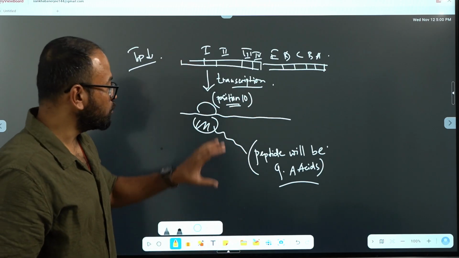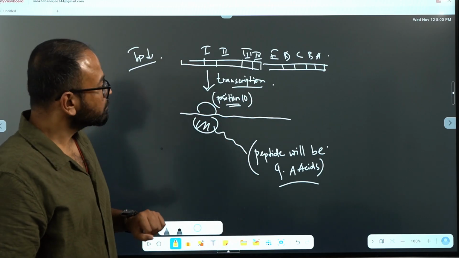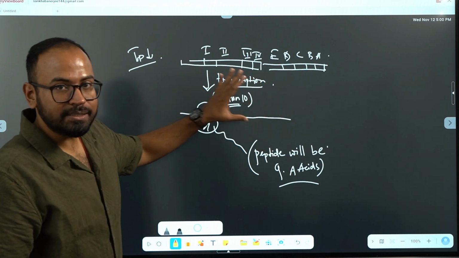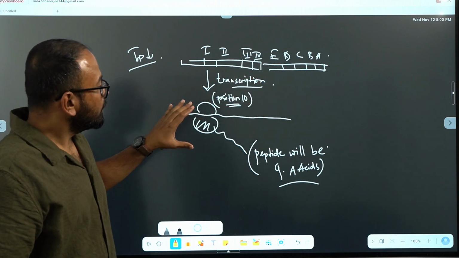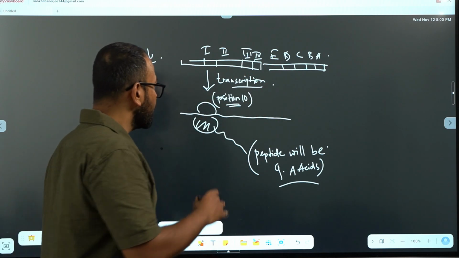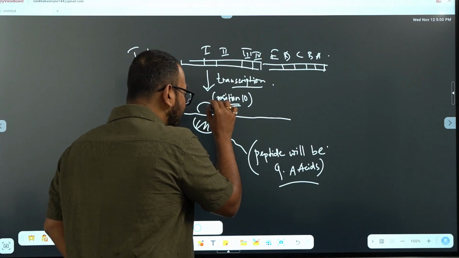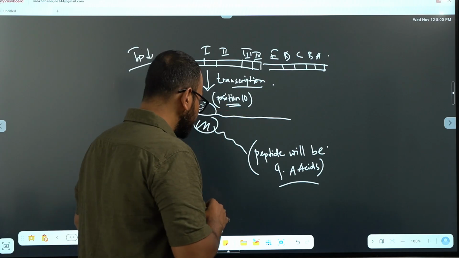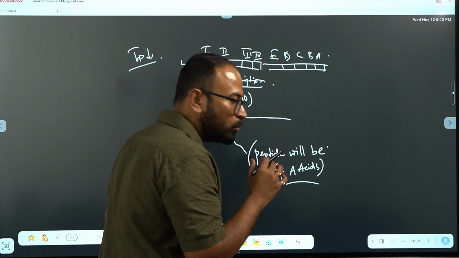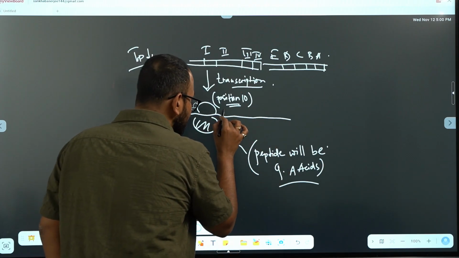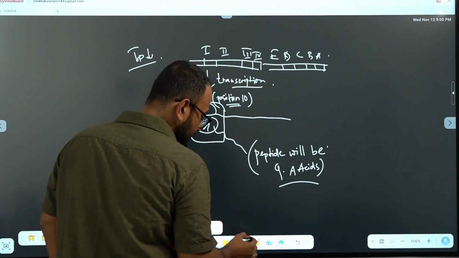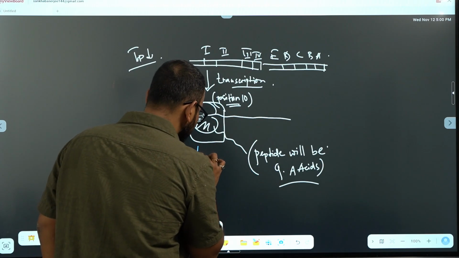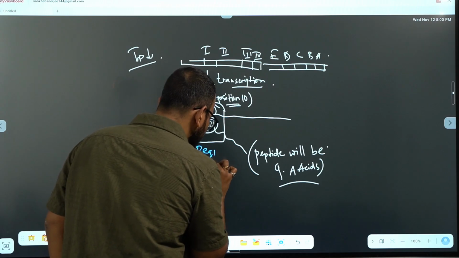The rest of the mRNA is being synthesized. Now you see, the ribosome, as it has stopped, take a deeper look into it. This is supposed to be region 1.